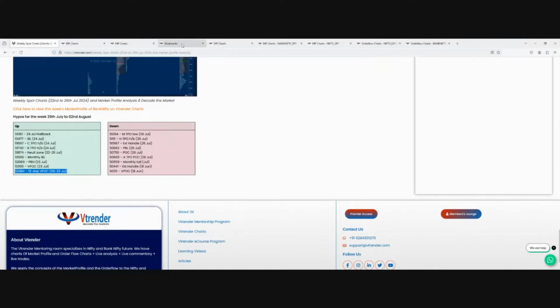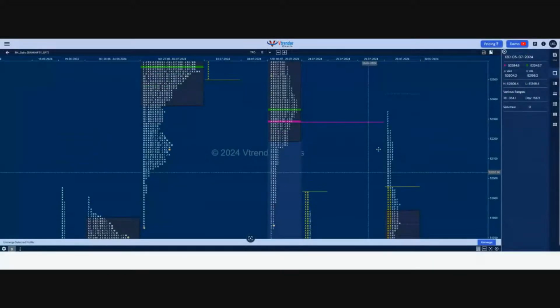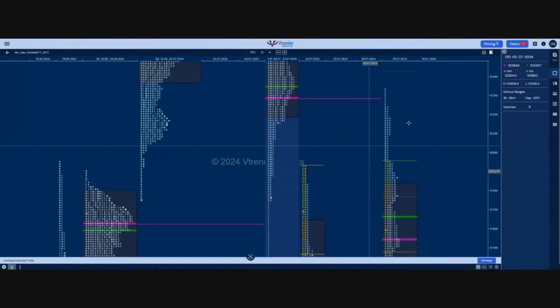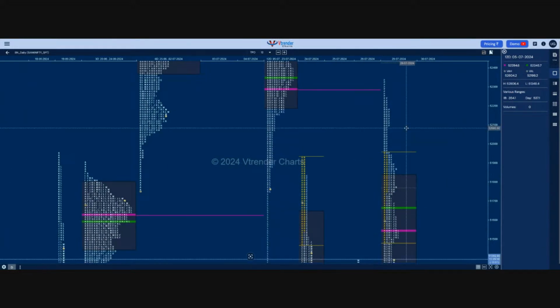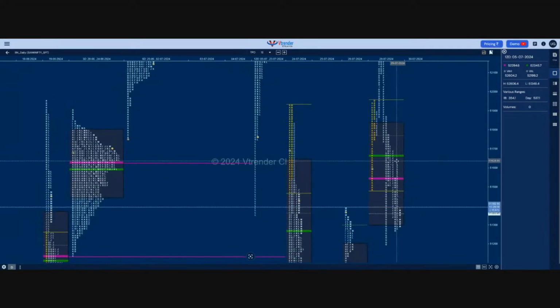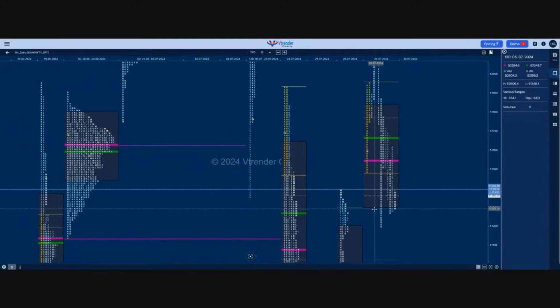So this is where we stopped today, and this is where the highs were made. And although it was looking like it would be a trend day up, it stopped right there, and it left a responsive selling tail. From there we saw a big liquidation move happening, and we went on to get back into this Friday's profile.